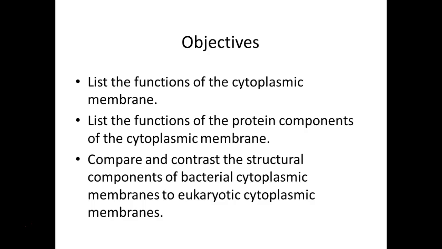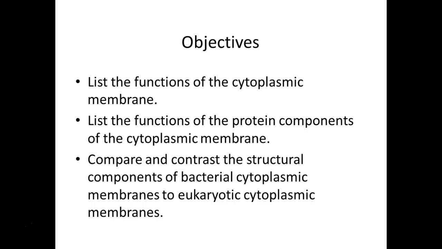Makes sense to me. But know that all those names exist. So we're going to look at the functions of the membrane itself. We're going to look at the functions of the protein components, the proteins that are embedded within that membrane and their important functionality.